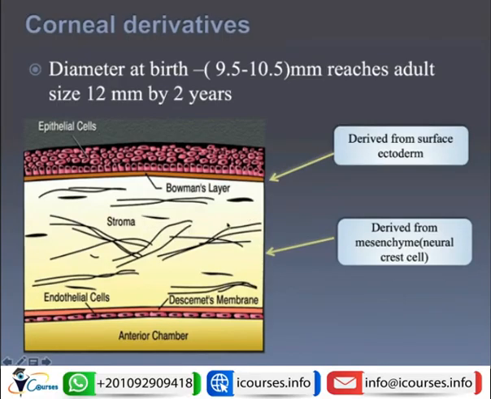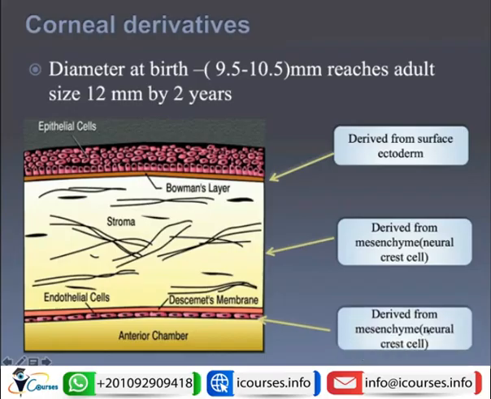So they are developed from the surface epithelium. Then the primary mesenchymal wave, or the first mesenchymal wave, which is formed from the neural crest, will form the endothelium, and the basal lamina of the endothelium will secrete Descemet's membrane. Then the second mesenchymal wave will form the keratocytes that will secrete collagen type 1, and that will eventually form the definitive configuration of the corneal lamellae and form the definitive stroma.